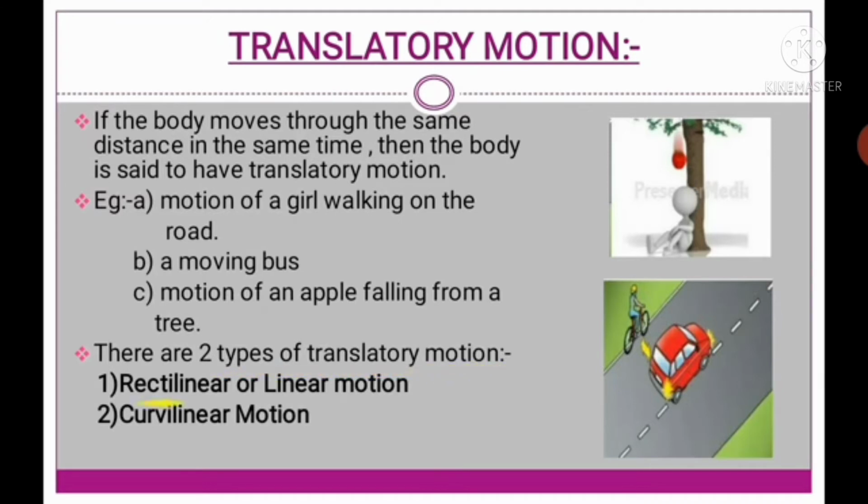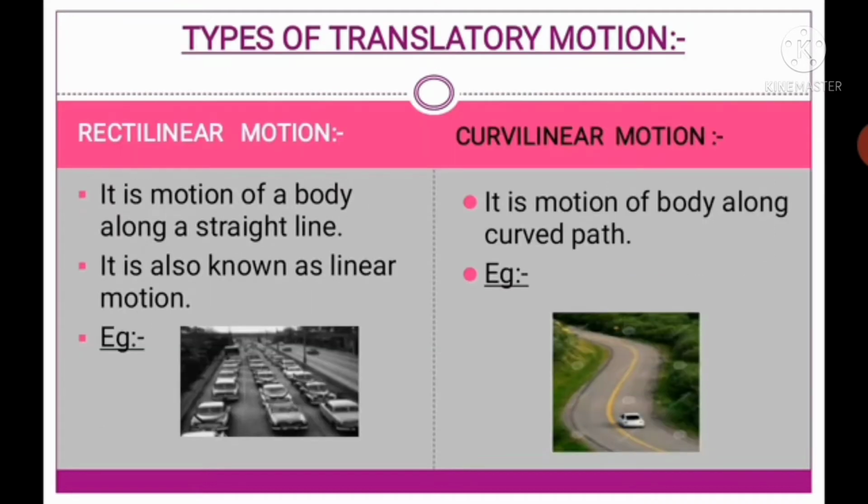First one is rectilinear motion or linear motion, and second is curvilinear motion. So what is rectilinear motion?